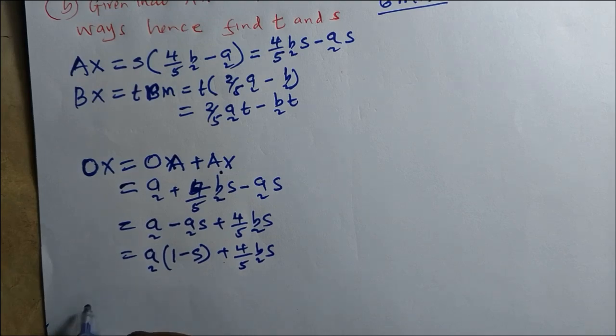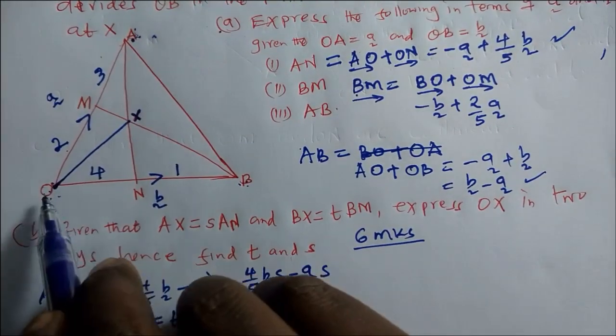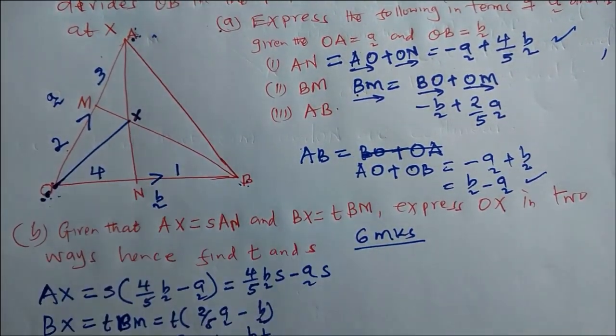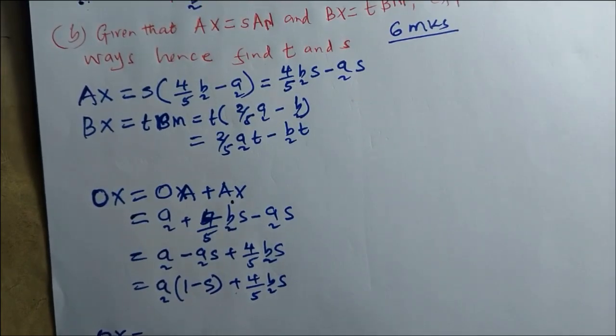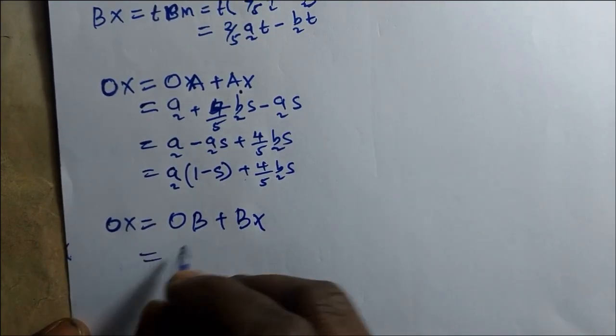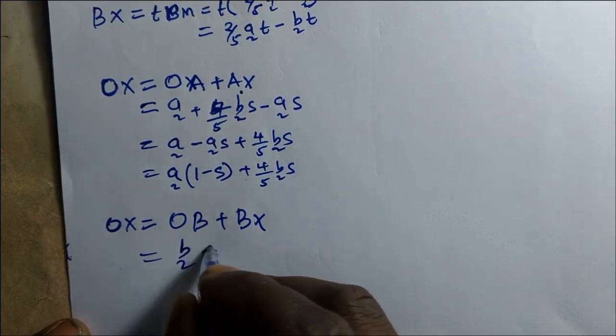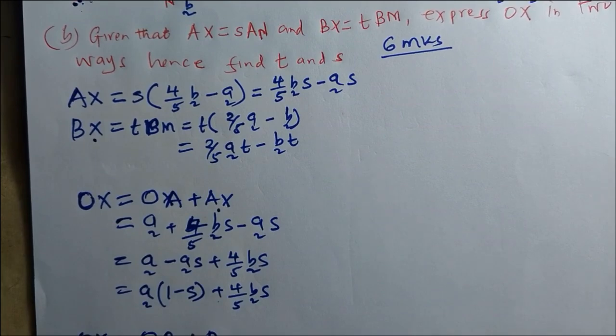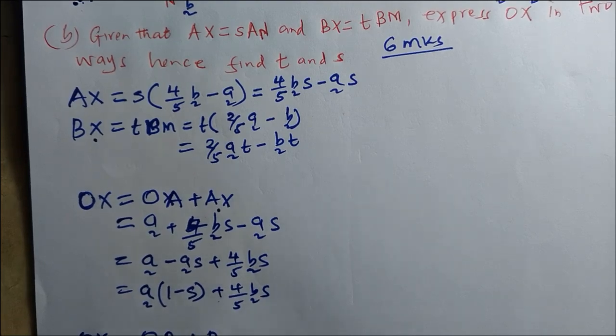Another way, we can also say OX is equal to OB plus BX. But we know OB is B, and we have our BX here. BX is equal to 2 over 5 AT minus BT.